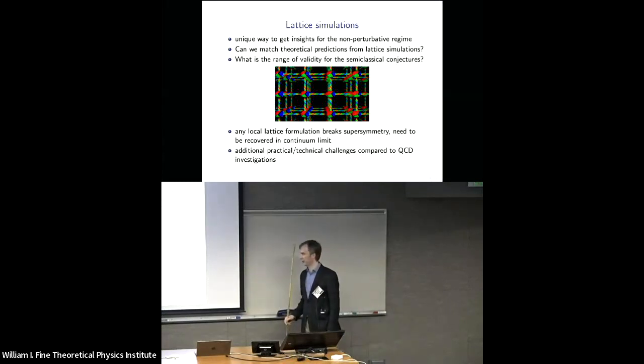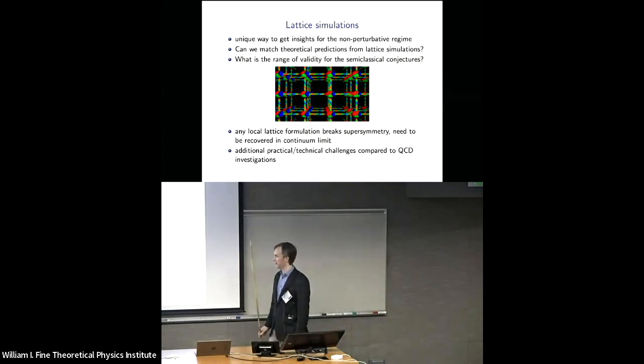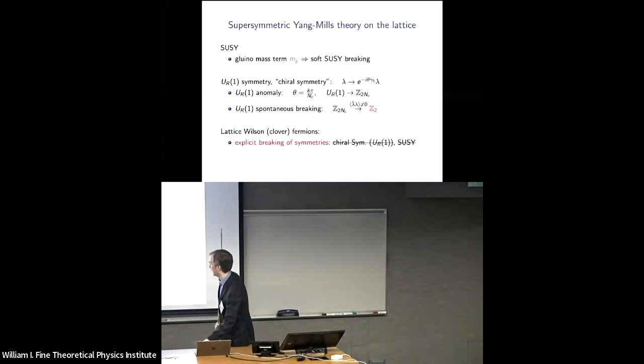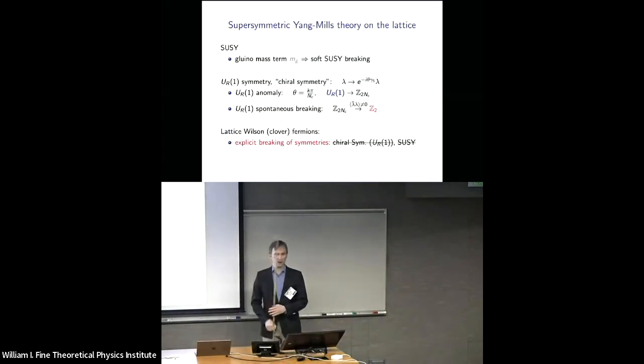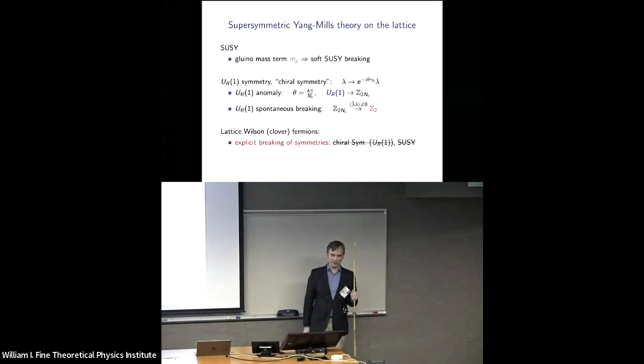We already mentioned here the Pfaffian and the Majorana nature of the fields, but I won't go into details here concerning these more technical problems. Yes, but this works only for maximally supersymmetric theories. So for N equals 4, you can go to this twisted formulation, and then you can preserve, because you need to have some kind of scalar fermion.